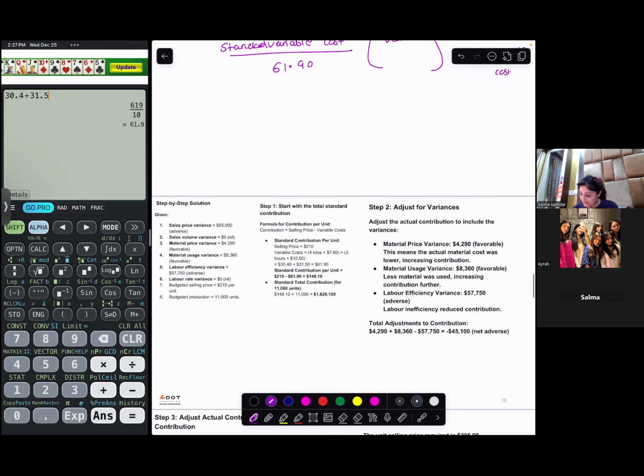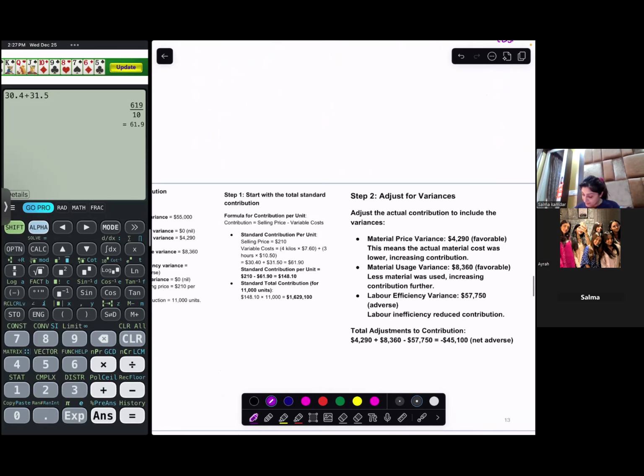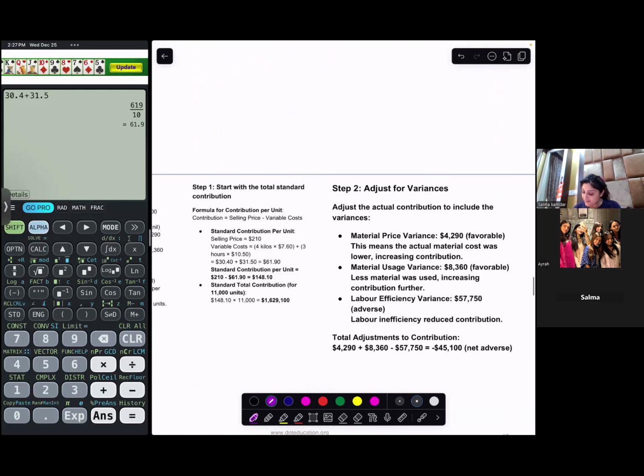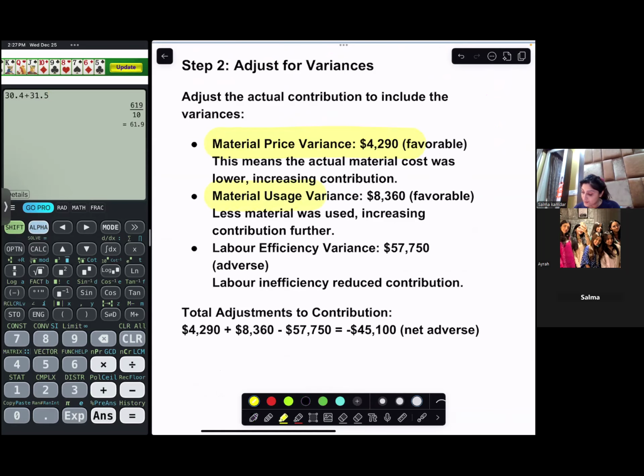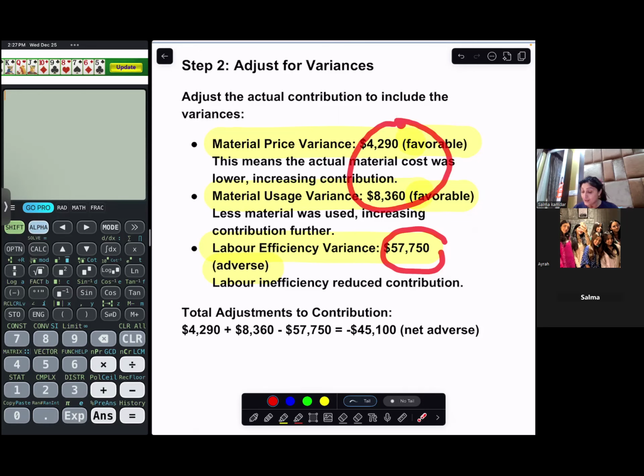You have the material price variance, material usage variance, labor rate variance. Material price and usage are favorable, and the labor efficiency variance is adverse. If I adjust for this, the adverse is more and the favorable is less, so whatever net answer I get would be adverse.